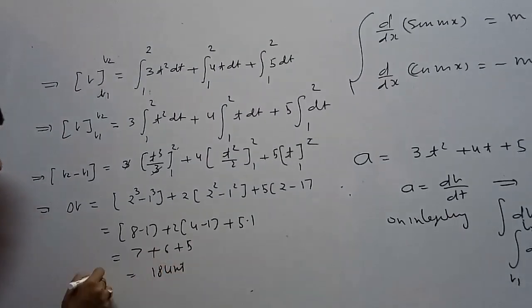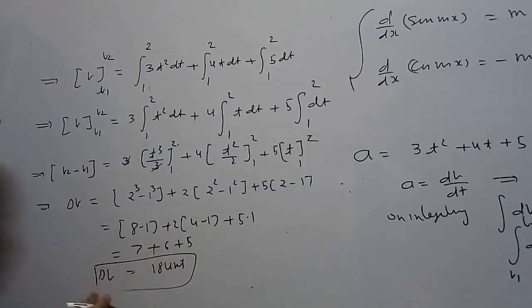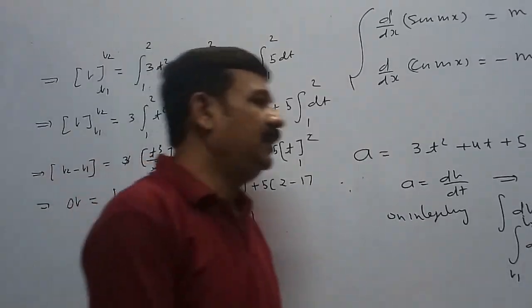This is the change in velocity. So this is how we substitute the limit and place the limit.